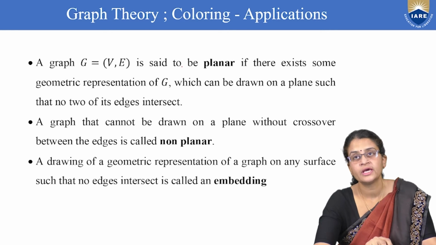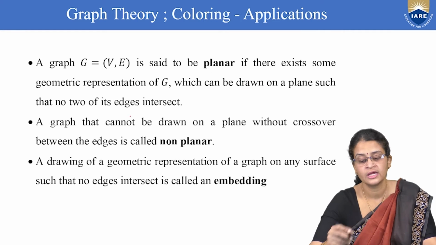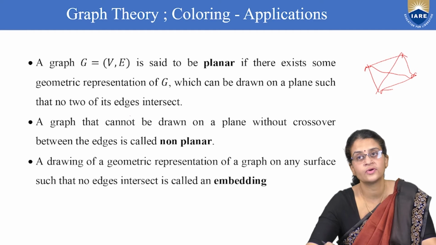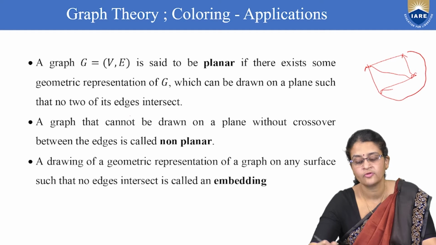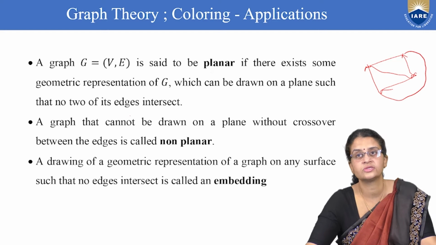A graph is said to be planar if there exists some geometric representation of G which can be drawn on a plane such that no two edges intersect. In our earlier case, considering the complete graph on 4 vertices, here the edges cross over or intersect. We can draw it like this also, where the edges do not cross over at all. So it is called a planar representation.